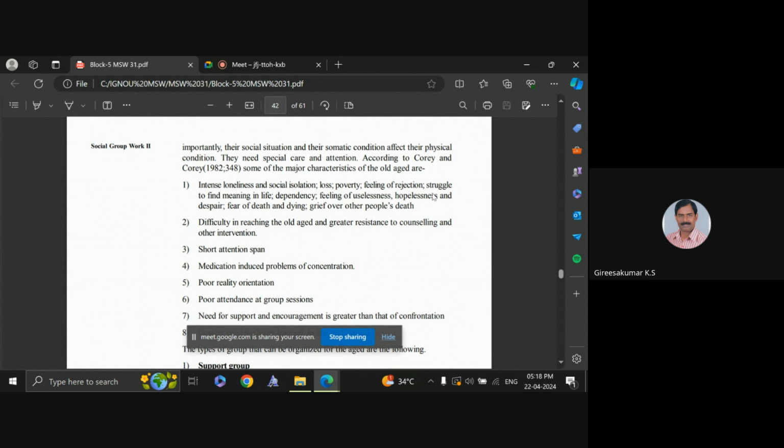Then short attention span, medication-induced problems, poor reality orientation, poor attendance at group sessions. These are all some of the characteristics of old age people. That is geriatric.